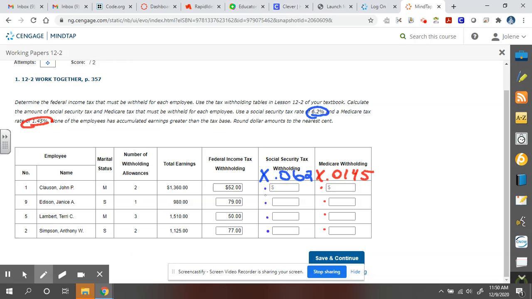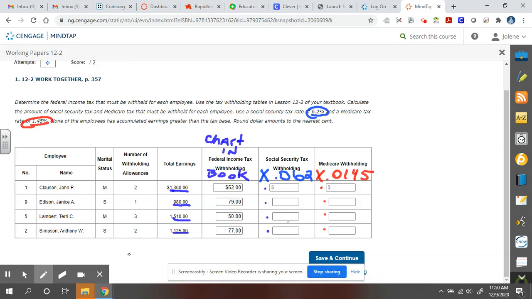Okay. Now this was from the chart. You have to use the total earnings. You're basing all of this on total earnings.